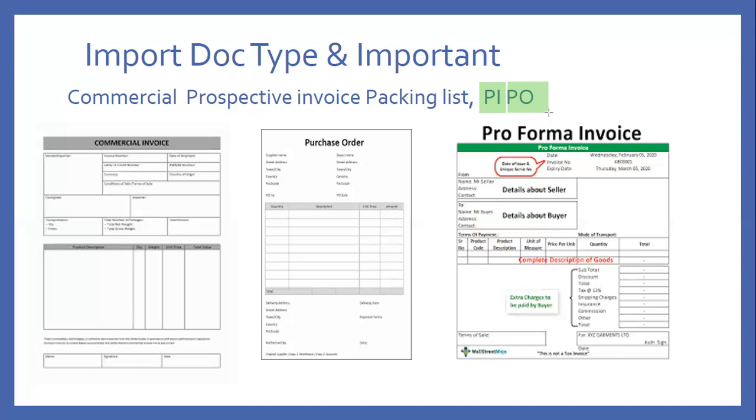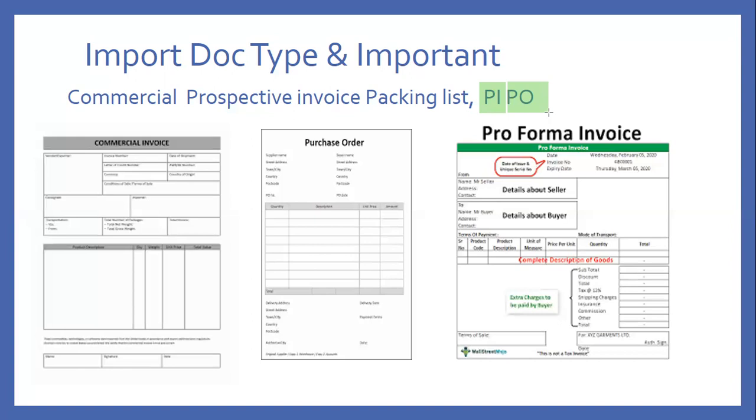The proforma invoice and purchase order may be for a high volume, maybe two or three shipments, but the commercial invoice we prepare only for the goods we are currently dispatching. Just like if we receive a purchase order of 20 containers, and as exporter we are exporting only 5 containers, the commercial invoice will be prepared only for the 5 containers. This is the difference between the proforma invoice and the commercial invoice.